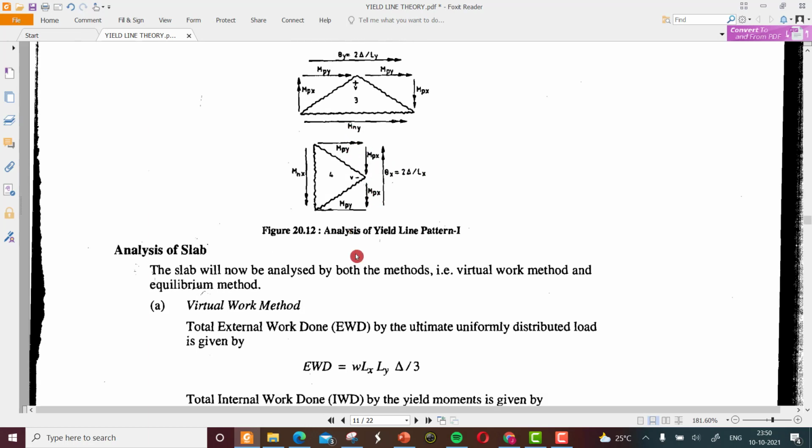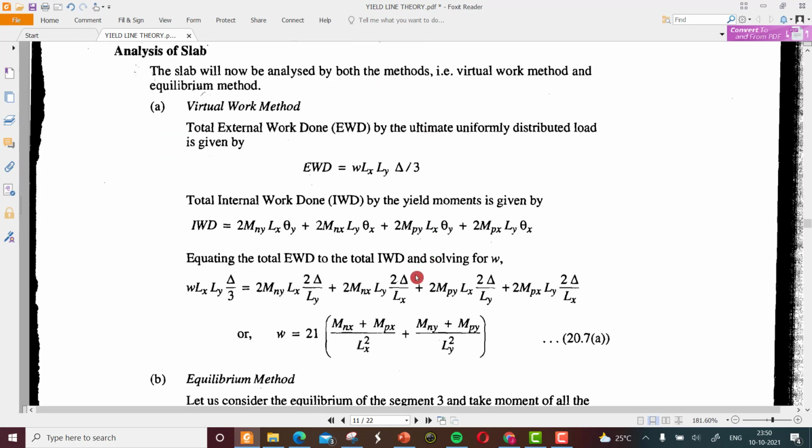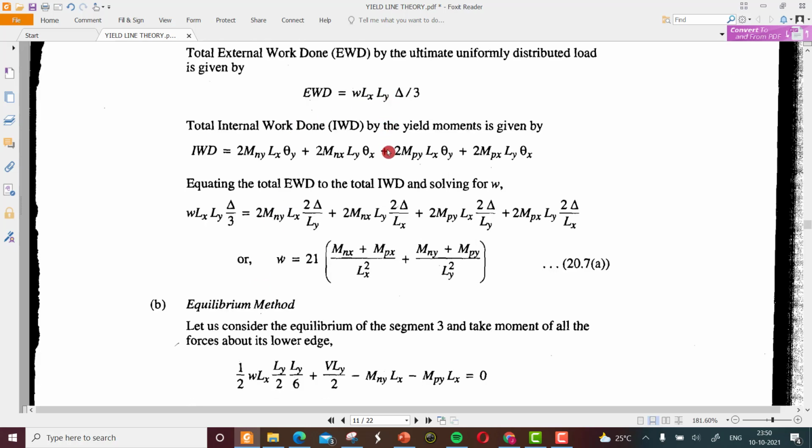Those values are used to find the total internal work done by the yield moments, and by equating the external work done with the total internal work done, by equating these two equations, we'll get, after simplification, W is equal to 24 into (mnx plus mpx) by lx square plus (mny plus mpy) by ly square.